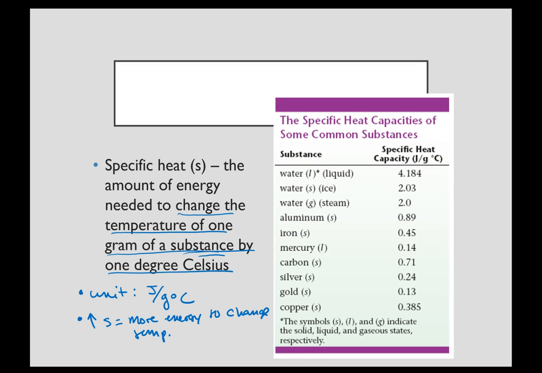Iron is 0.45 joules per gram degree Celsius. So it takes 0.45 joules to change 1 gram of iron 1 degree Celsius. It takes 10 times as much energy to change water. It takes 4.184 joules to change 1 gram of water 1 degree Celsius. So the higher the specific heat, the more energy required to change the temperature.